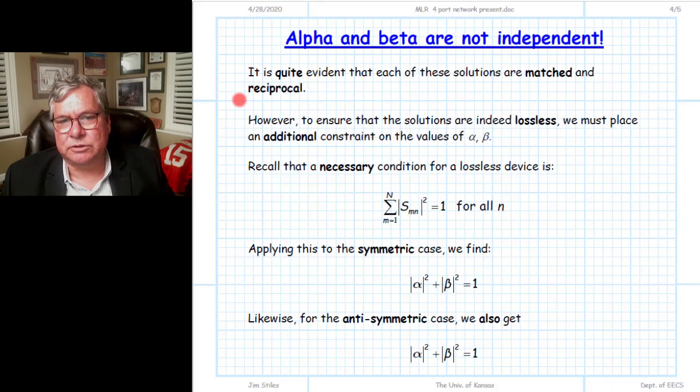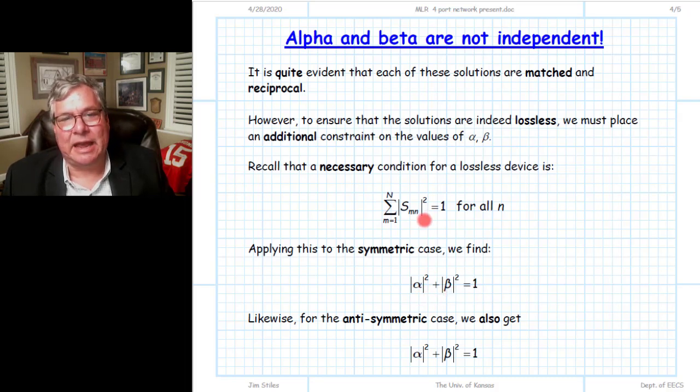I pointed out that both solutions, symmetric and anti-symmetric, were clearly matched, with diagonal elements of 0, and reciprocal, being symmetric matrices. With respect to lossless, though, it is true only if the columns are orthonormal, if we have a unitary matrix. The columns need to have a magnitude of 1. If we do that for every column in the symmetric case, it results in precisely the same equation. Since we have alpha and beta and two zeros, when we take the magnitude of the columns, we find every column is the same, with a magnitude squared of the magnitude squared of alpha plus the magnitude squared of beta.